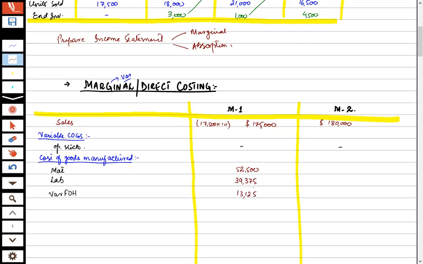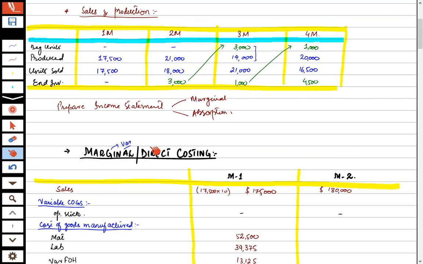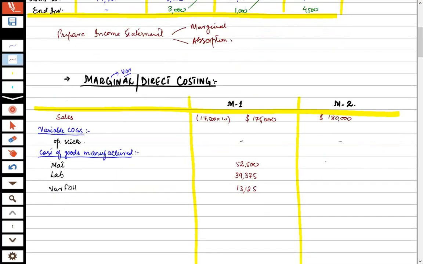You can also calculate it. Like in month 2, we have produced 21,000 units, so they will be individually multiplied and their values would be 63,000, 47,250, and 15,750. So opening stock and goods manufactured will combinedly make goods available for sale.